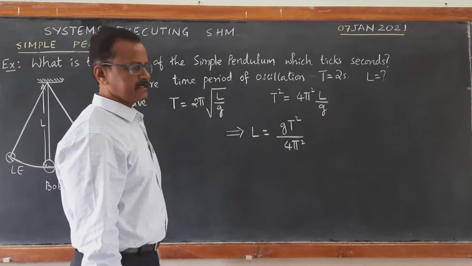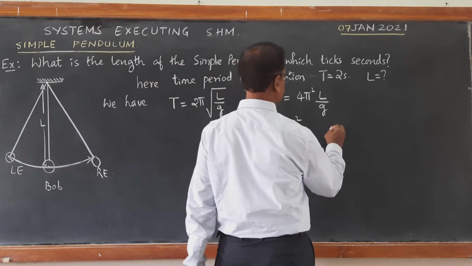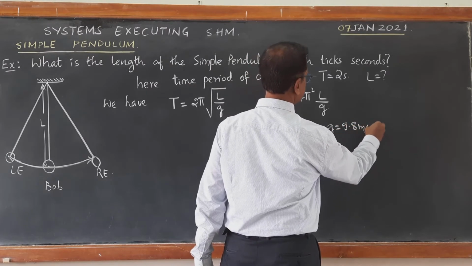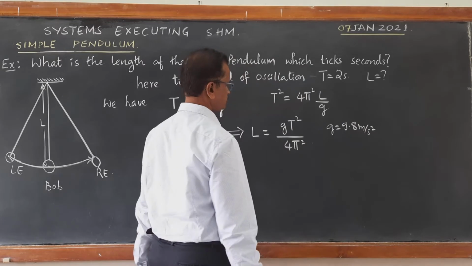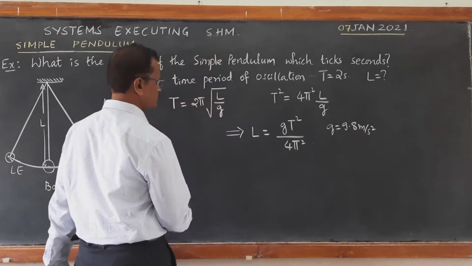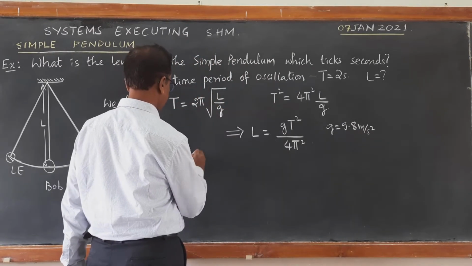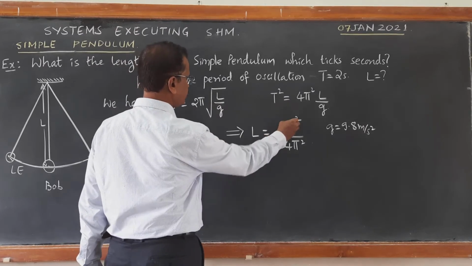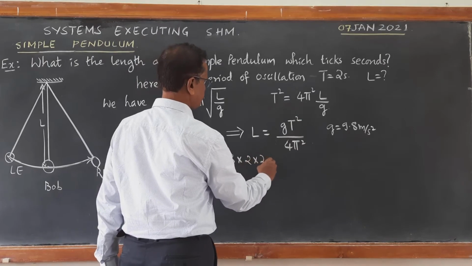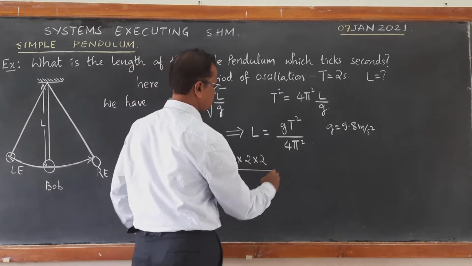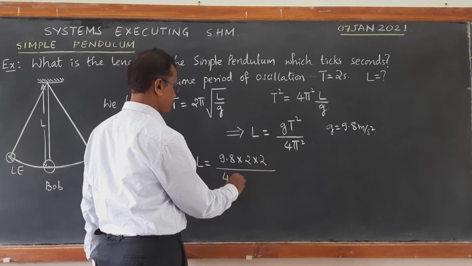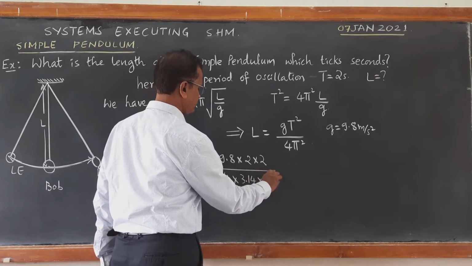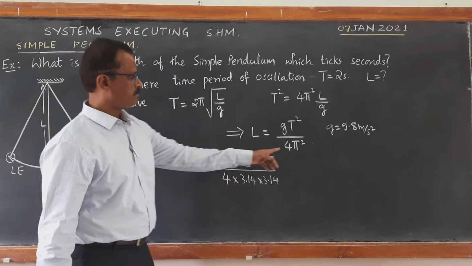Substituting the value of g equal to 9.8 meter per second square, we get L is equal to 9.8 into 2 into 2, that is 4 seconds square, which is T square, divided by 4 into 3.14 into 3.14, that is pi square.